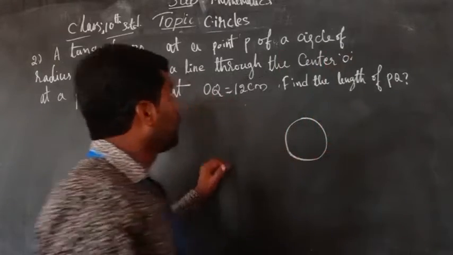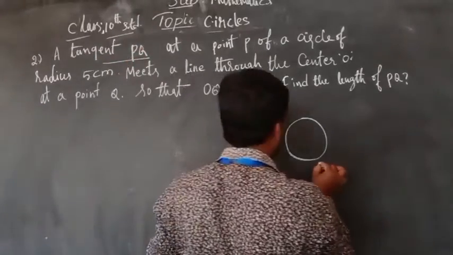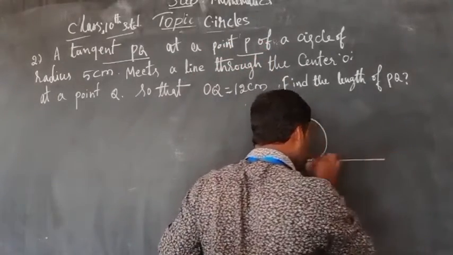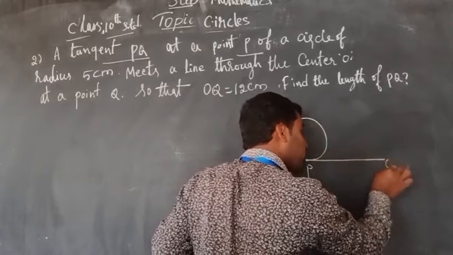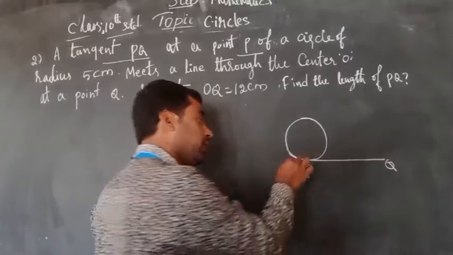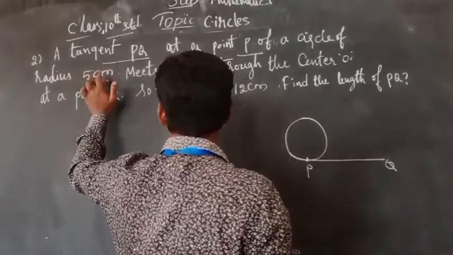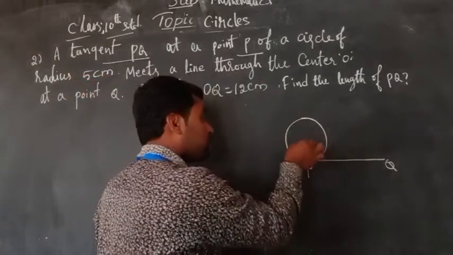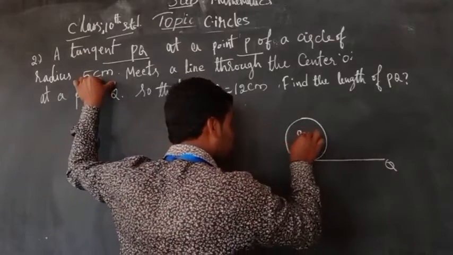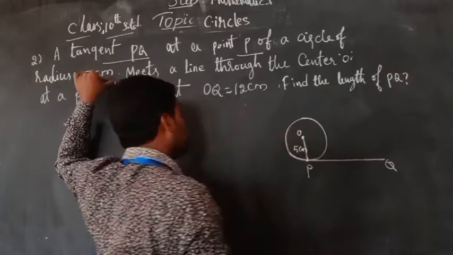PQ is a tangent at the point P. So here I draw a tangent, with the points P and Q. Now the radius is 5 centimeter, and the center of the circle is represented by O. I join OP, which is equal to 5 centimeter.